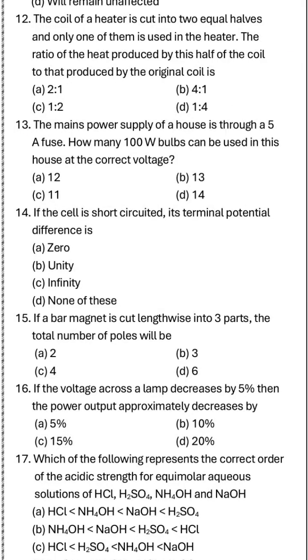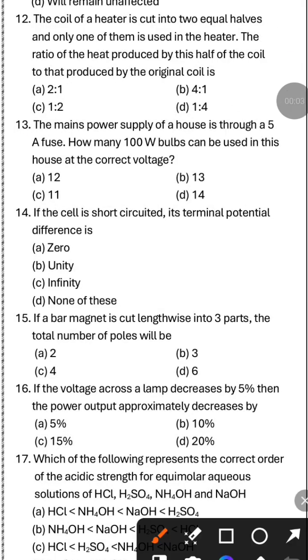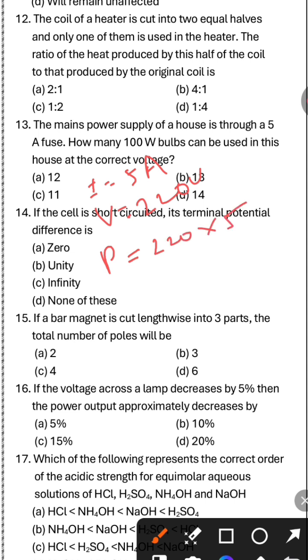Let's move to question number 13. We have maximum allowed value of current I equal to 5 ampere, and in our homes we know potential difference equal to 220 volt. Therefore power available to us through this fuse equal to 220 into 5, 1100 watt.